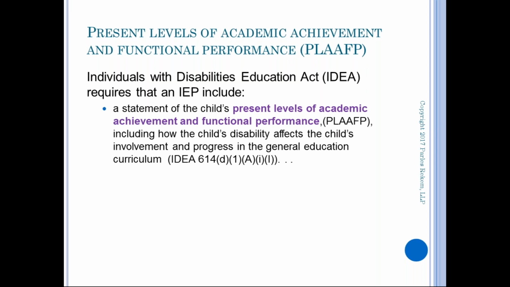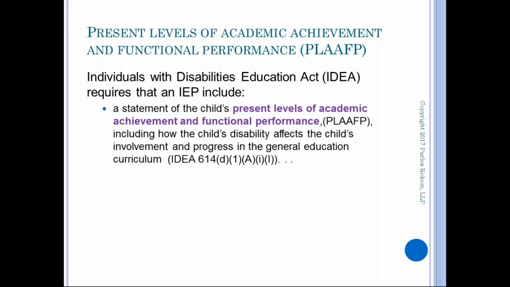Functional performance, although it's not defined under IDEA, really goes to your child's social competence, their communication ability, their behavior. But the present level, or the PLAF, really is the heart of the IEP because it's information that is taken from your initial evaluation.